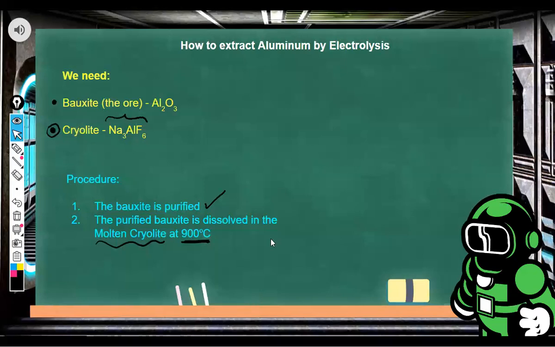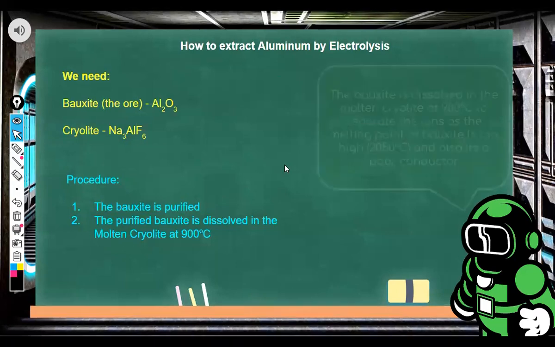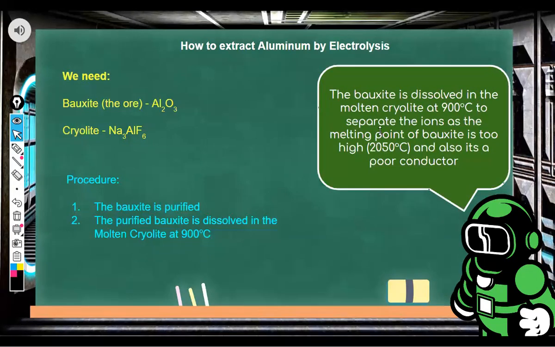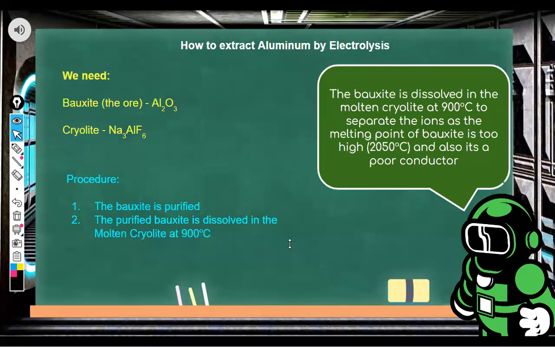All right, so let's see what the next slide holds for us. Right, so here's the thing. The bauxite is dissolved in molten cryolite at 900 degrees Celsius, right? Now, without the cryolite, the melting point of the bauxite would be 2050 degrees Celsius. That's a huge difference, right?